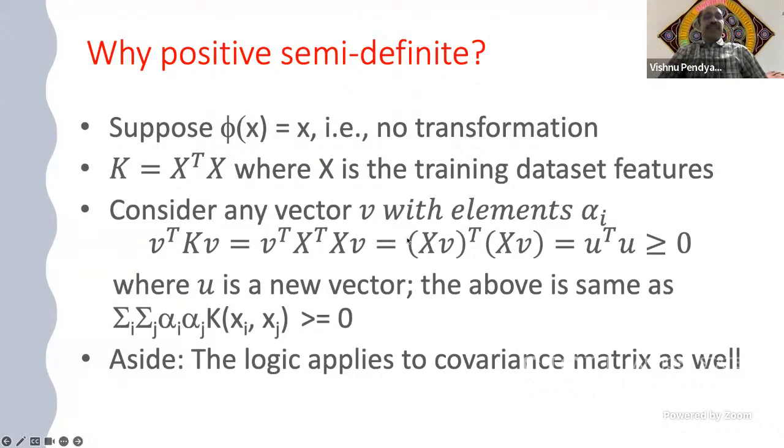Now let us consider any vector v with elements alpha i. Then this expression v transpose k v can be written with k replaced by X transpose X, right?